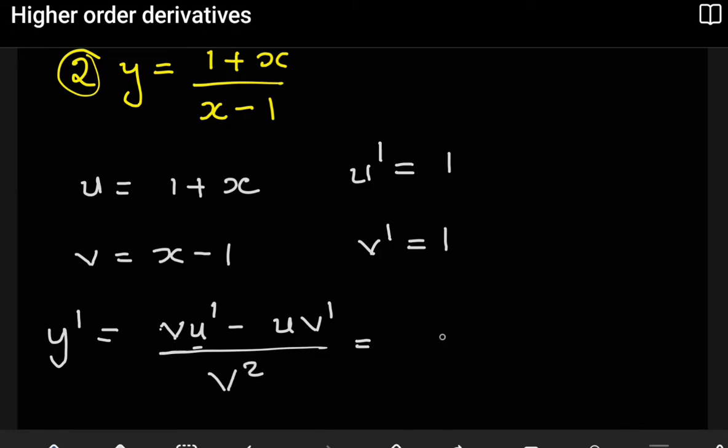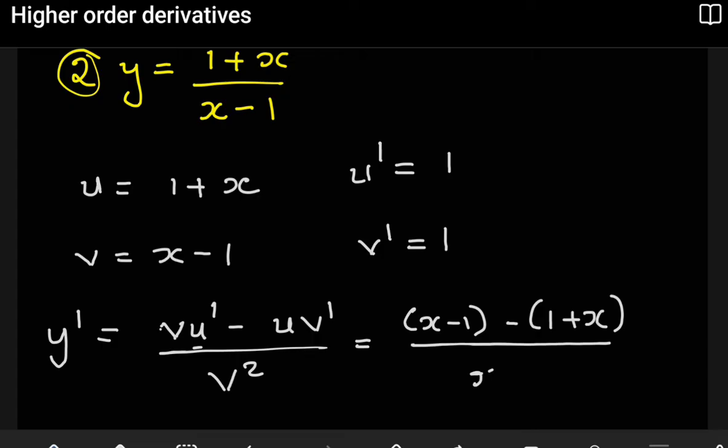If we substitute, v is x minus 1, u prime is 1, so minus, then we have u is 1 plus x, then v prime is 1 again, so this is over v squared, and our v is x minus 1 squared.